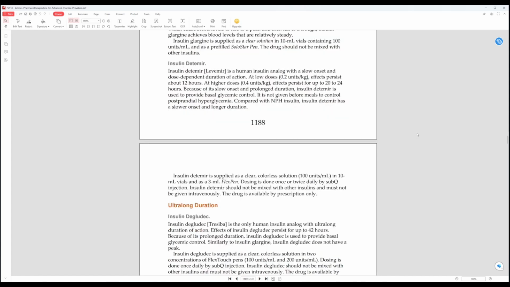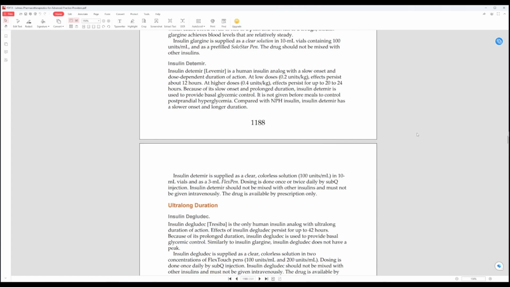Which brings us to the other long-acting. Insulin Detemir, also known as Levemir, is a human insulin analog with a slow onset and dose-dependent duration of action. At low doses of 0.2 units per kilogram, effects persist about 12 hours.